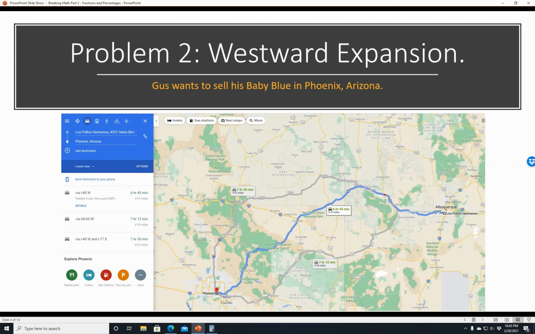Problem 2, Westward expansion. Gus wants to sell his baby blue in Phoenix, Arizona. You can see it's about 419 miles from Los Pollos Hermanos, which is, of course, Gus Fring's headquarters, to Phoenix, Arizona, which is, of course, Phoenix, Arizona. And it would take 6 hours, 43 minutes, according to Google Maps.